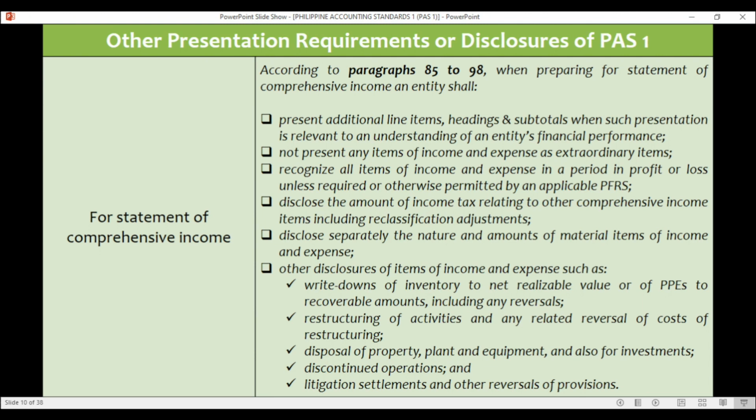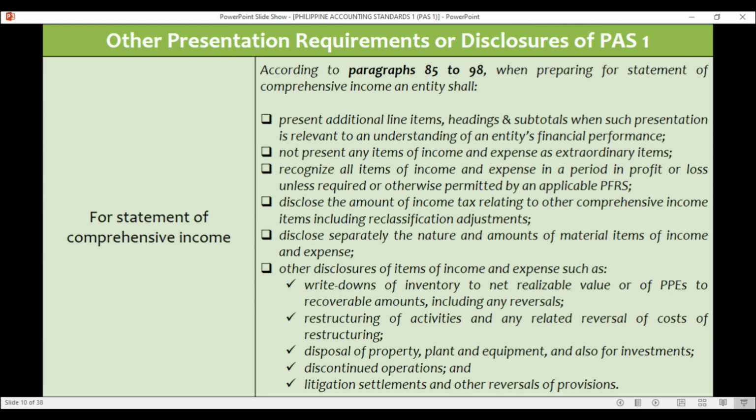Meaning, if there is a need to have an additional line item in order for the statement of comprehensive income to be more understandable for the readers, then presentation of those line items shall be done. Do not present any items of income and expenses as extraordinary items. It is specifically stated there in PAS 1.